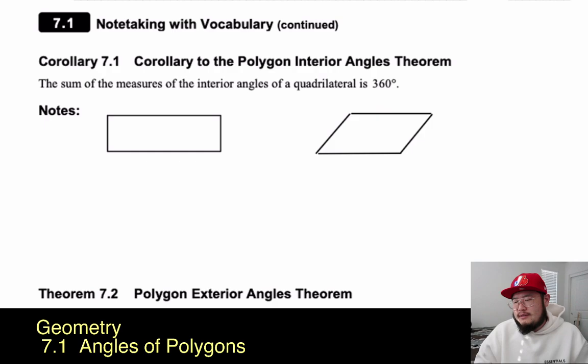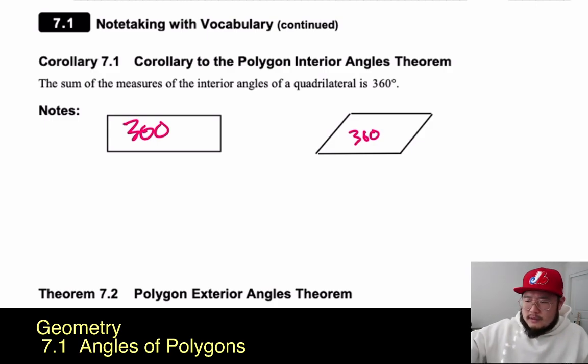So you could have a rectangle like I showed, all the angles combined is equal to 360. In that parallelogram, all angles combined, same thing, 360 degrees. If it's a 4-sided figure, or a quadrilateral, the interior angles equal 360.